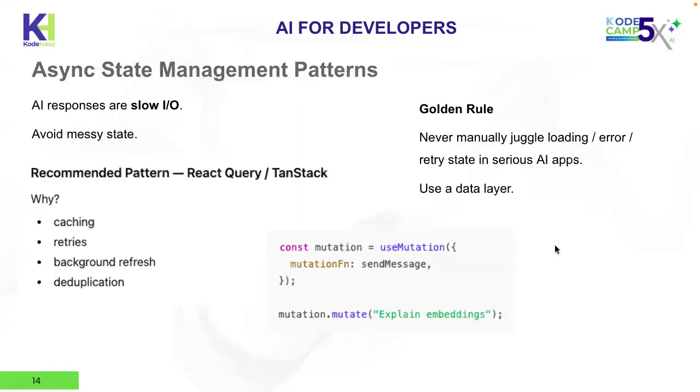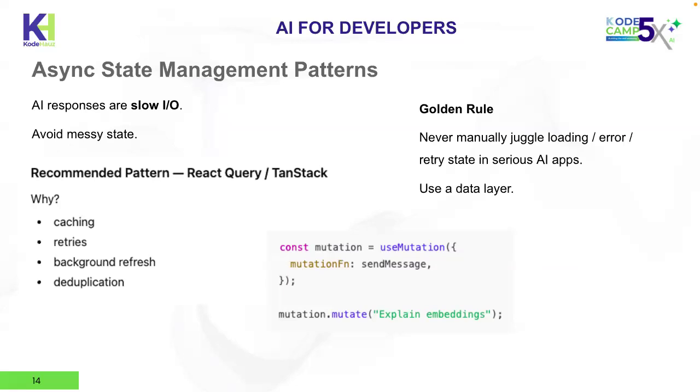Okay. So there's another thing we call state management, right? Asynchronous state management. The main reason for this is that sometimes the AI responses, we already know, will be slow. You're waiting for it to finish generating, so there is a tendency for things to take too long.